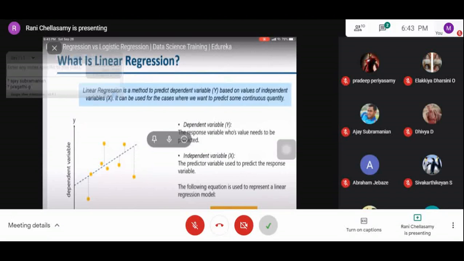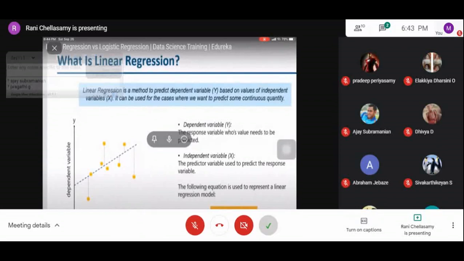Okay. So now the linear regression is called a simple model because it takes only two variables, that is the independent variable and the dependent variable. In this case, the linear regression will try to establish the relationship between the independent variable and the dependent variable. The reason linear regression is called linear is because both these variables, the dependent variable and the independent variable, vary linearly with respect to each other.